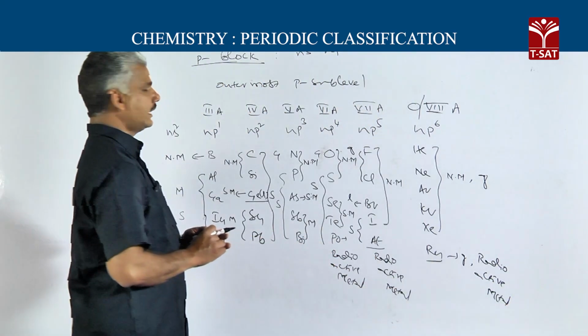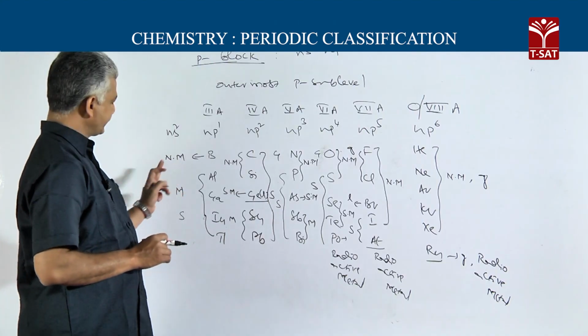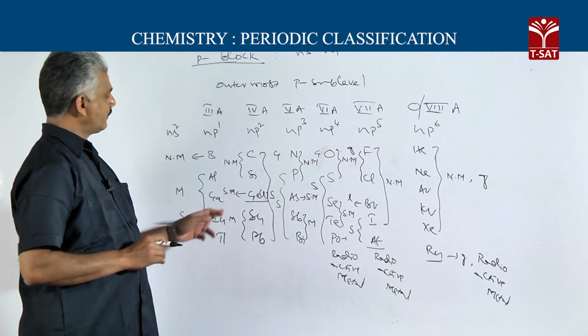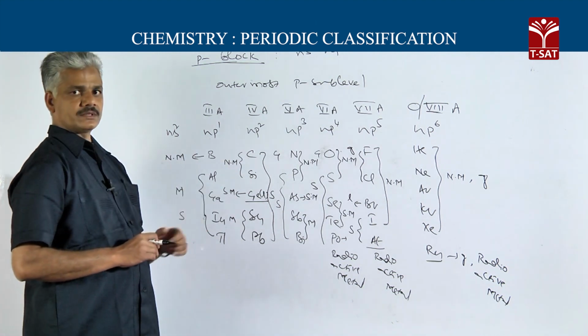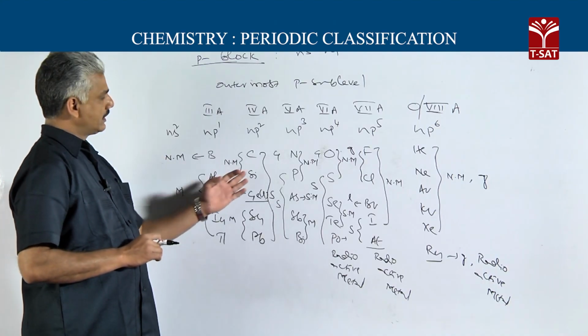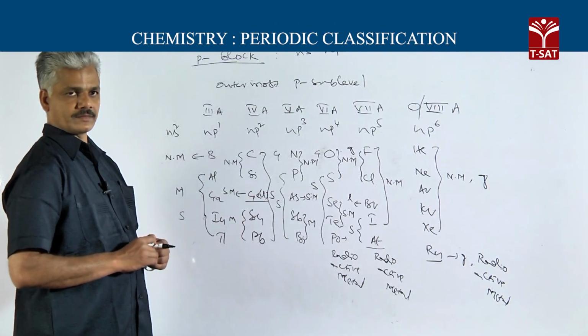So, as we can see in the p block, there are non-metals, metals as well as semi-metals. We can see all the 3 types of physical states: solid state is there, liquid state is there, gaseous state is also there.